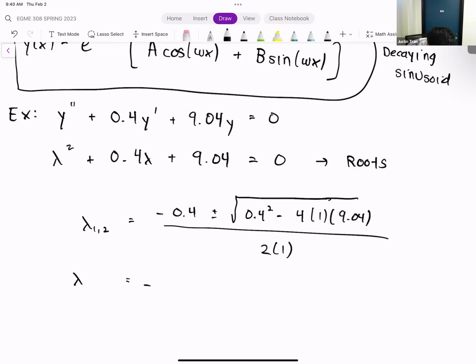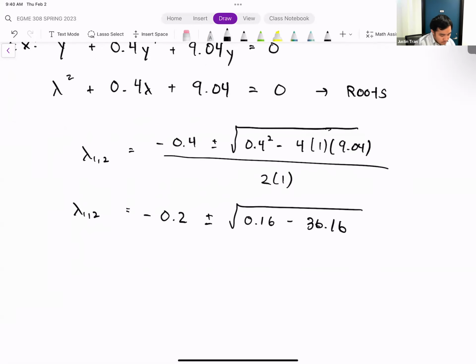Lambda 1, lambda 2 is equal to minus 0.2 plus or minus the square root of 0.4 squared, so that's 0.16, minus 4 times 1 times 9.04, and so that's 36.16, all divided by 2.